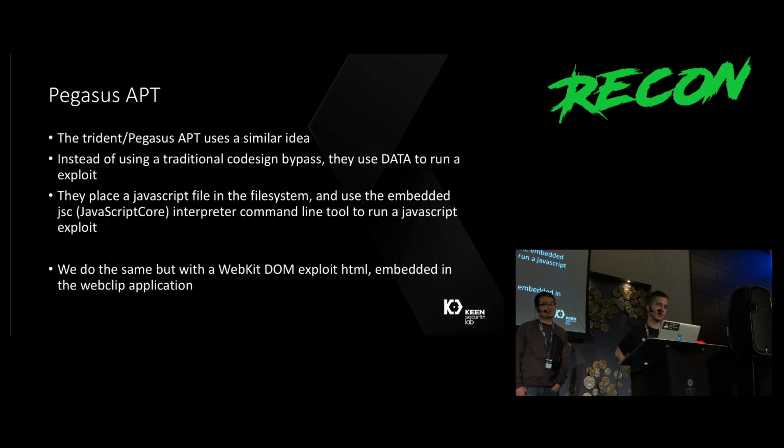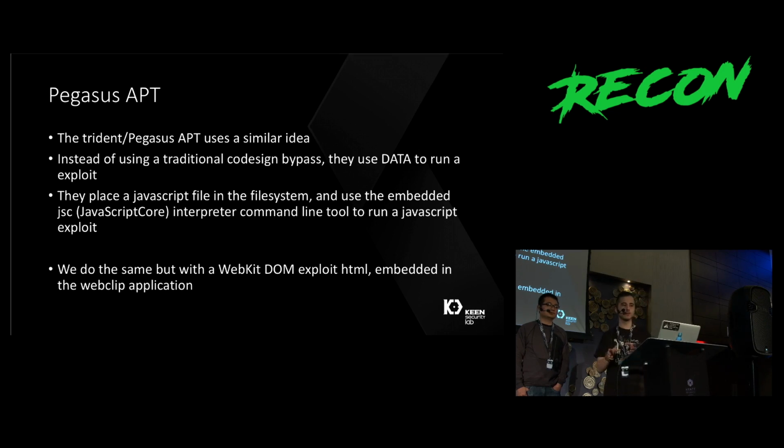The approach is actually similar. I don't know if you remember, like 2 years ago, there was the advanced persistent threat called Pegasus. They used a similar idea to bypass the code sign and make their jailbreak untethered. So the idea is, if you want to bypass the code sign, you cannot, of course, use real code.